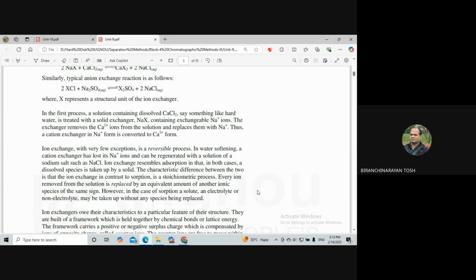The characteristic difference between the two is that ion exchange, in contrast to sorption, is a stoichiometric process. Every ion removed from the solution is replaced by an equivalent amount of another ionic species of the same sign. However, in the case of sorption, a solute, an electrolyte or non-electrolyte, may be taken up without any species being replaced.